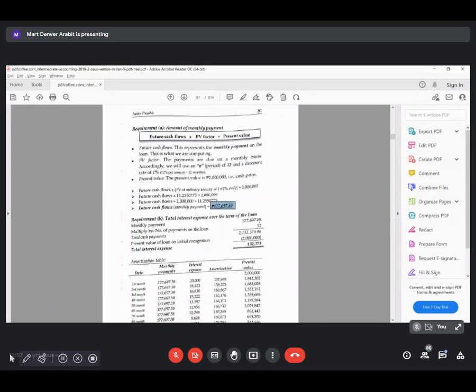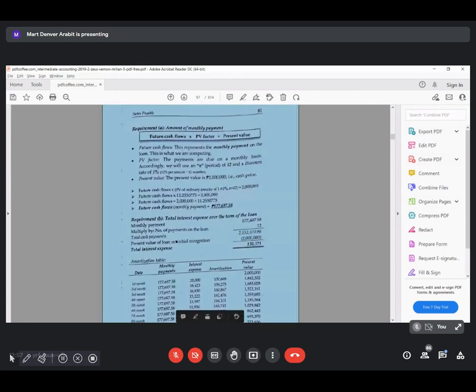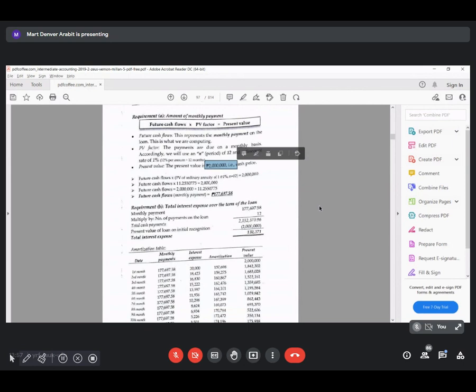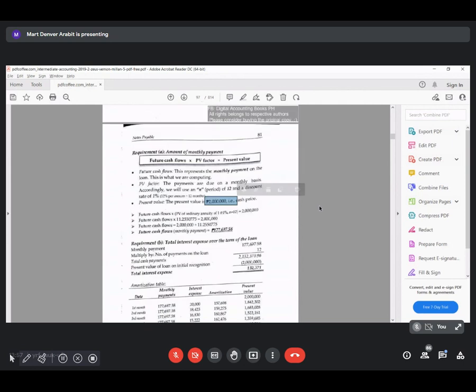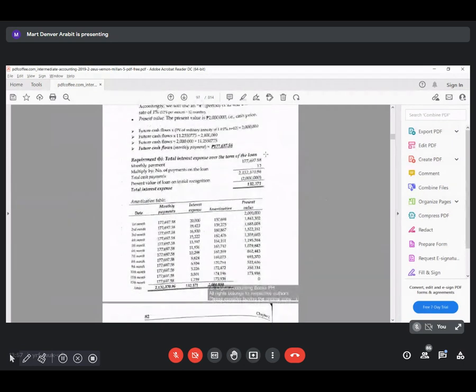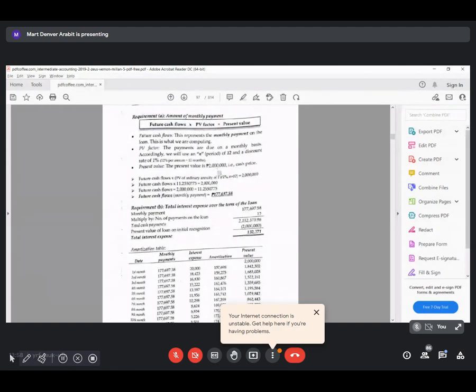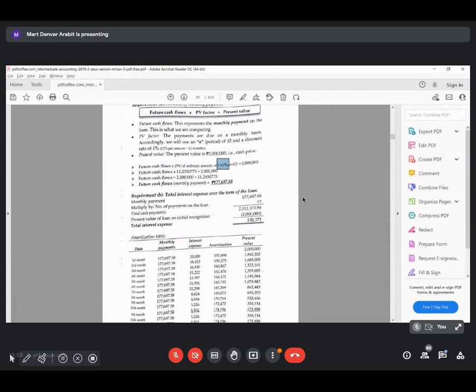So, future cash flows multiply by the number of payments on the loan, which is 12. And then, total cash payments is this amount against the present value of loan on initial recognition of 2 million, which is ito yung face amount. Ito pala, ito yung cash price. So, the total interest expense is 132,371 using yung 1%. Payable monthly siya.